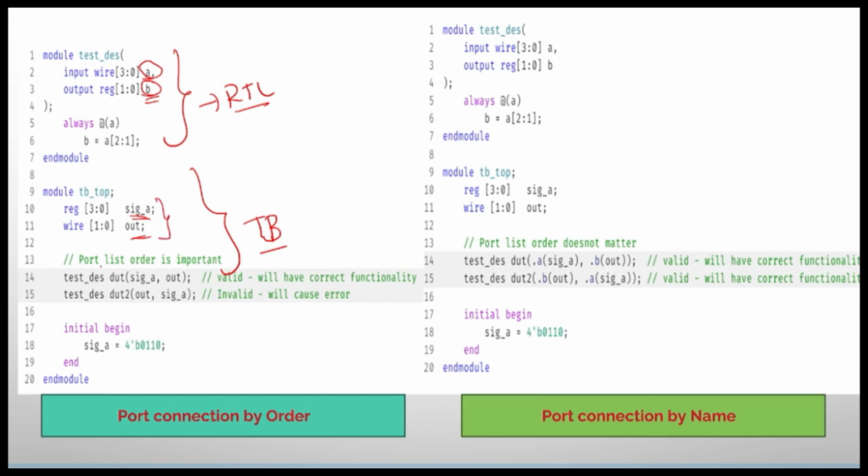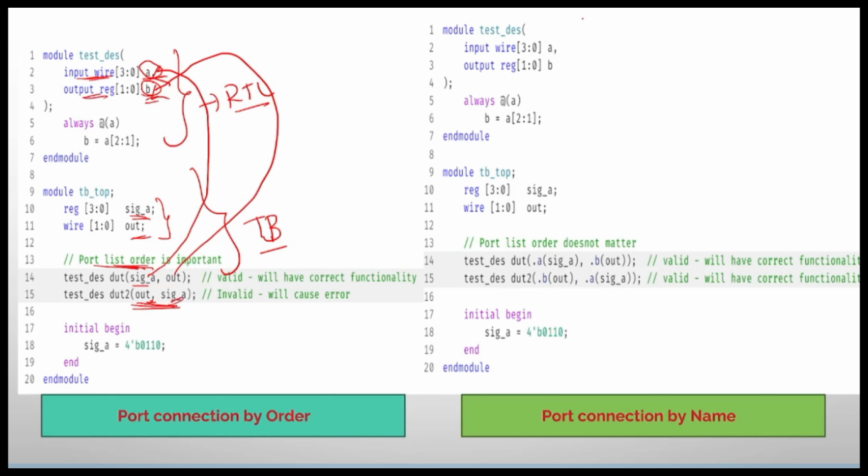Since you are connecting by order, sig A is connected to A, out is connected to B. Now for example, if you do it in the other way, out is connected to A, that means output is connected to input, and input is connected to output.